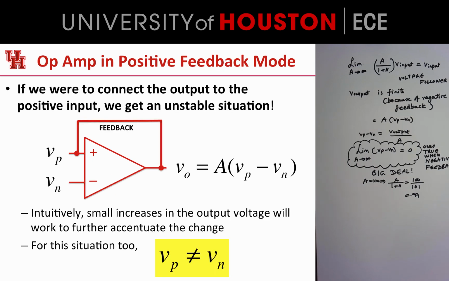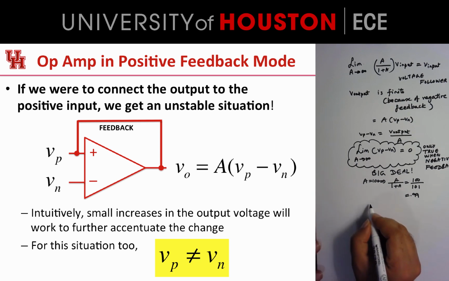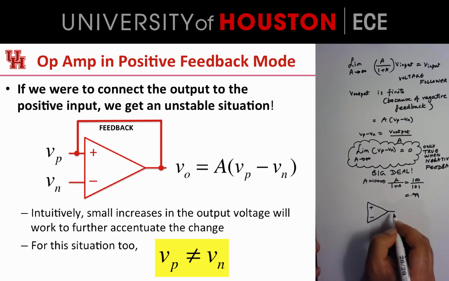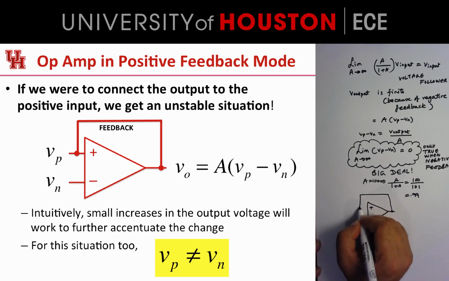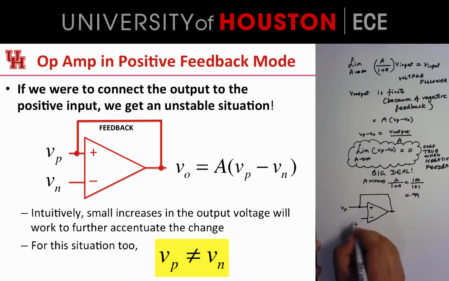Now, you might be curious to know what happens if I have positive feedback instead of negative feedback. In other words, what happens if I take the output and stick it to this end instead of the other end?